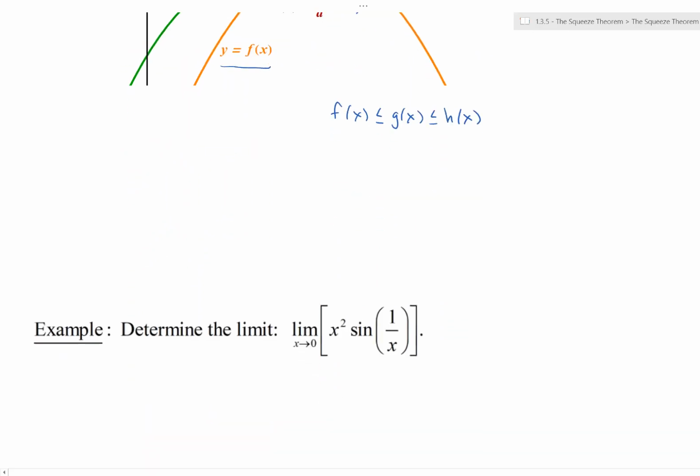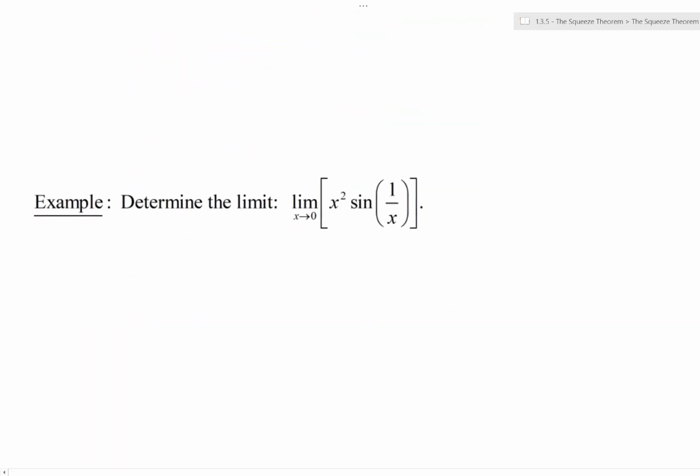All right, what we're going to try to do here is find this limit: the limit as x approaches 0 of x squared times sine of 1 over x. Now, in this situation, we notice that as x approaches 0, x squared approaches 0.